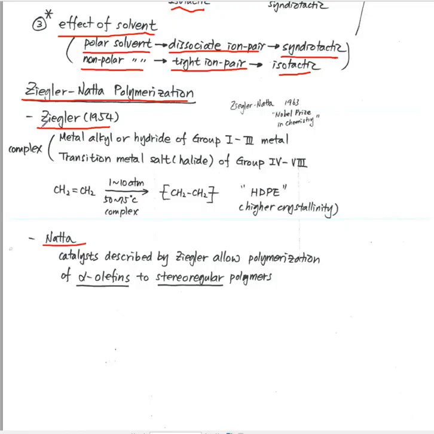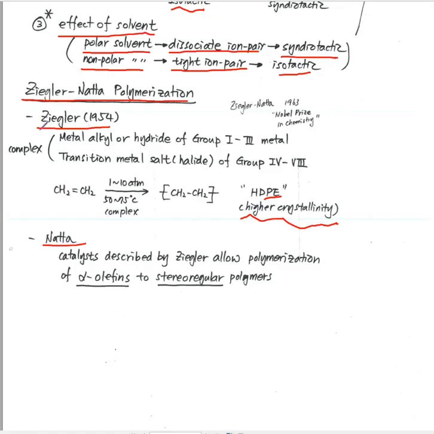Before the development of this new catalyst, when people synthesized, let's say, polyethylene, they could only get very low crystallinity polyethylene. Before these catalysts, people could not really get high crystallinity polyethylene, which is much more useful compared to low crystallinity polyethylene.